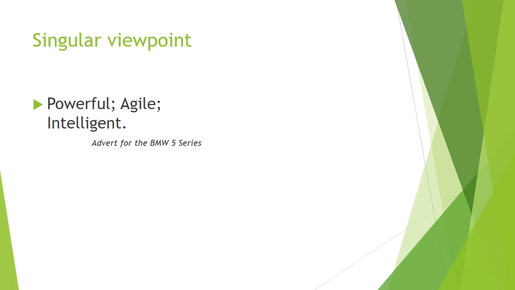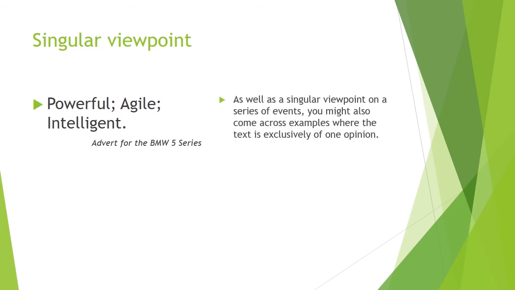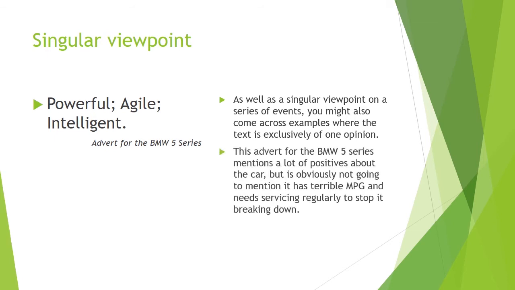Similarly, I might have a text, for example, a BMW 5 Series advert that says the BMW 5 Series is powerful, agile and intelligent, which is all overwhelmingly positive. So as well as having a singular viewpoint on a series of events, you might come across a text which has exclusively one opinion, like my takeaway reviews I was talking about earlier. Now they're trying to sell you this car, they're trying to persuade you to buy it.